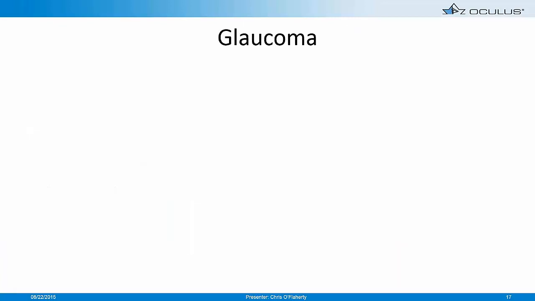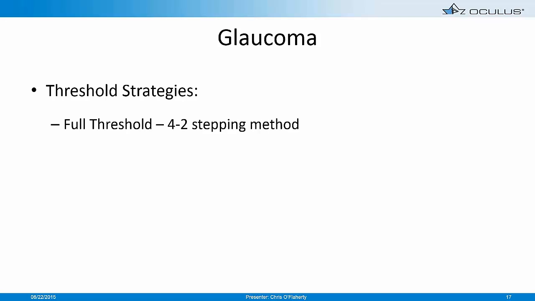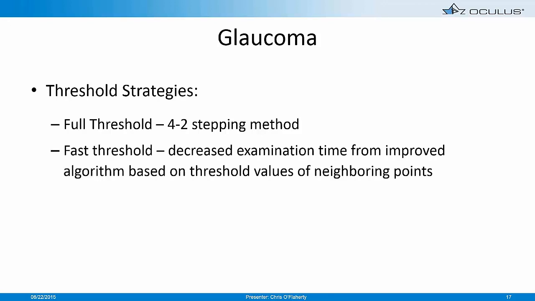So for glaucoma suspects and glaucoma progression, the Easyfield offers several threshold strategies. We have a full threshold strategy, which uses a 4-2 stepping method or staircase method. This is the long-time gold standard. We have an improved algorithm, the fast threshold strategy, which decreases examination time.